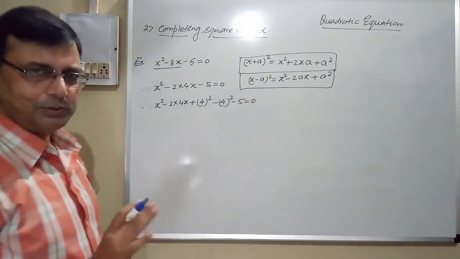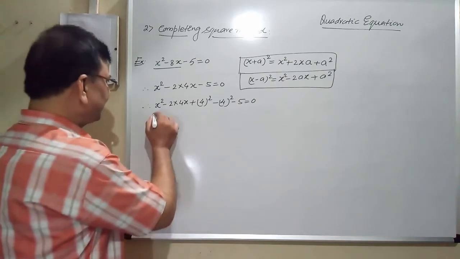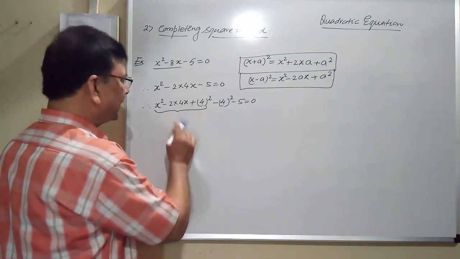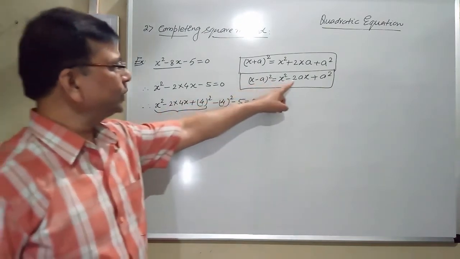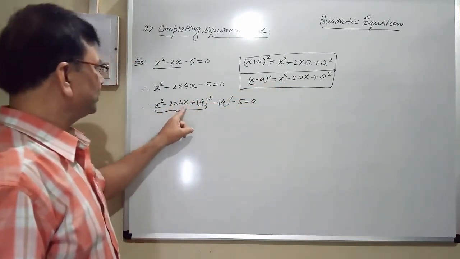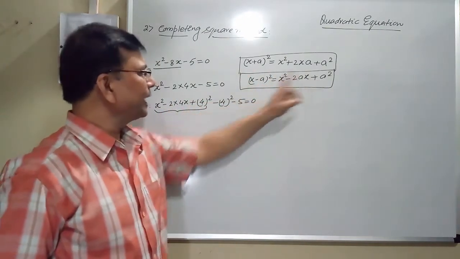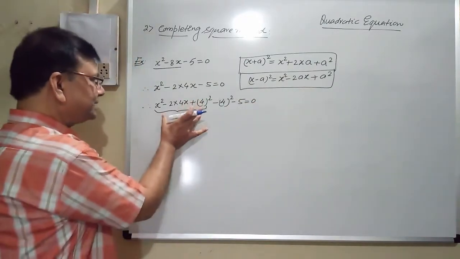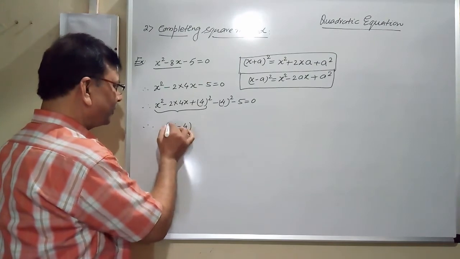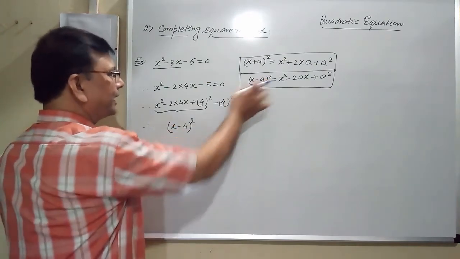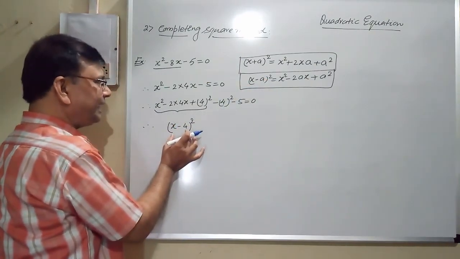Understood? What about this? Compare this with this: x square minus 2 into ax, 2 into 4x, plus a square, which is 4 square. So this has become x minus 4 whole square. Perfect square, completing square.